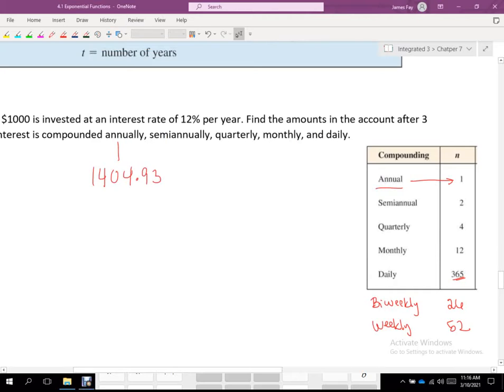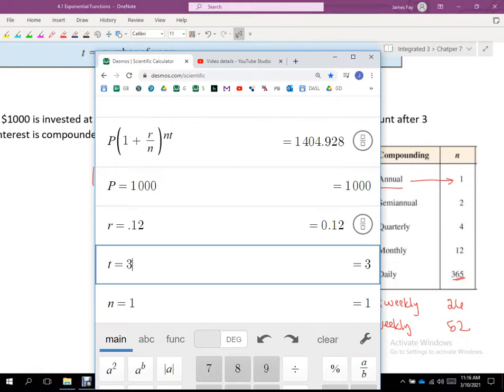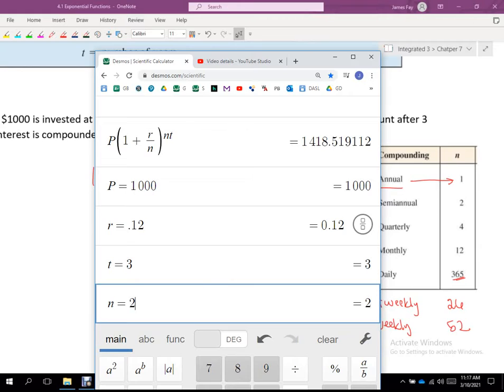If we go semi-annually, that means the n value goes to 2. So I'll just come down here and put a 2 there. If I was doing this on my handheld calculator, I would have to retype the entire expression with a 2 for the n value. Does that make sense? Put in Desmos, I change one thing, and it evaluates.